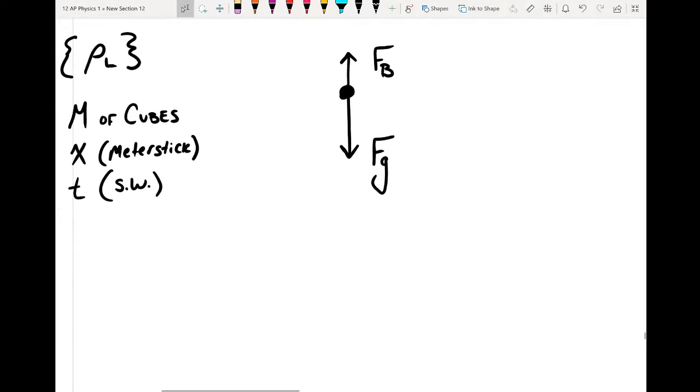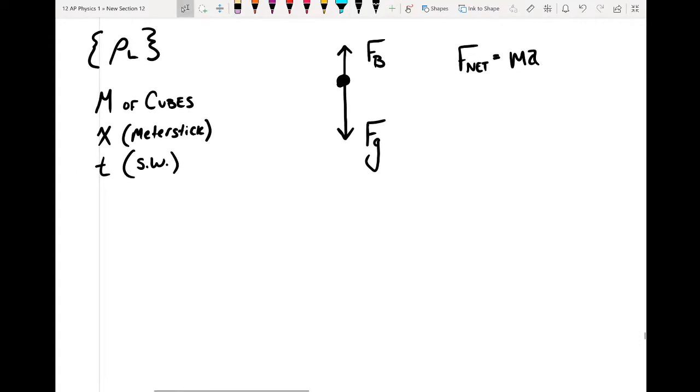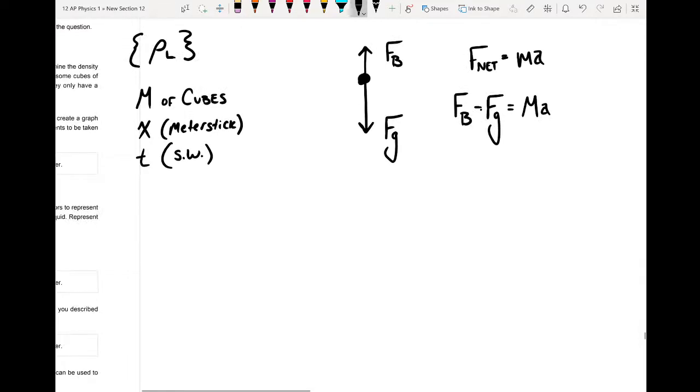So I can go back to Newton's second law: the net force is equal to the mass times the acceleration of an object. In this case, my net force is some positive buoyant force minus the force of gravity, Fg, and that equals the mass of my cube times the cube's acceleration. Then I can look at my equation sheet.